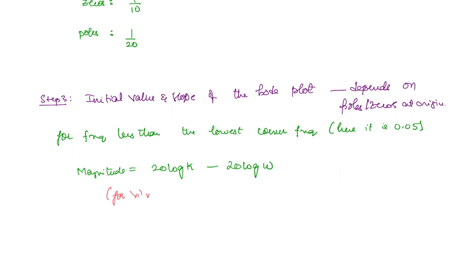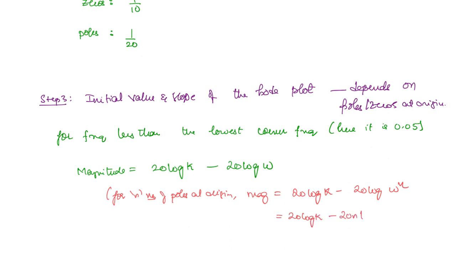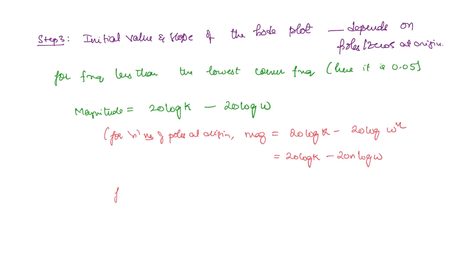For n number of poles at origin, the magnitude is going to be 20 log k minus 20 log omega to the power n. And n you can take out of the argument. Then what you are going to get? 20 log k minus 20n log omega. This is for n number of poles at origin. What about if there are n number of zeros at origin?